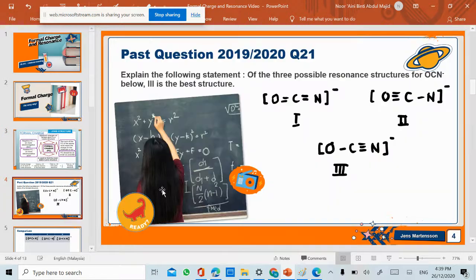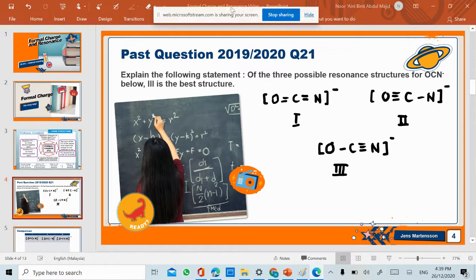Okay, so now let's move on to the question. In structure number 1, we have OCN minus in which you have double bonds here. But don't get me wrong, if the structures are given like this, that means, of course, the lone pairs are not shown.